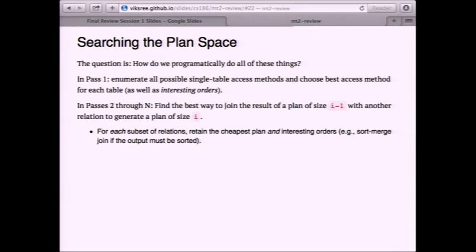After our first pass, the rest of our passes are going to consider each subset of these relations, and for each subset, what's the best way to join what we already have with the new relation that we're adding in this iteration? Any questions about query optimization or execution?